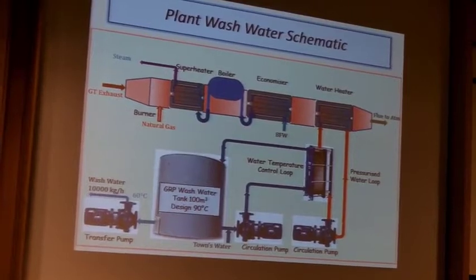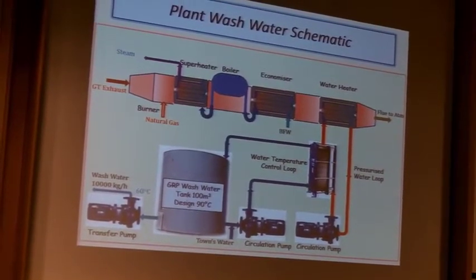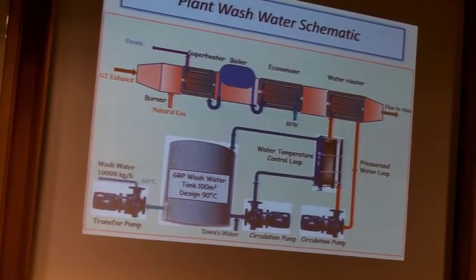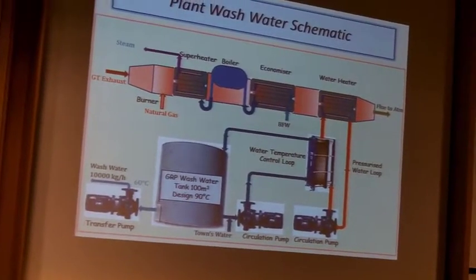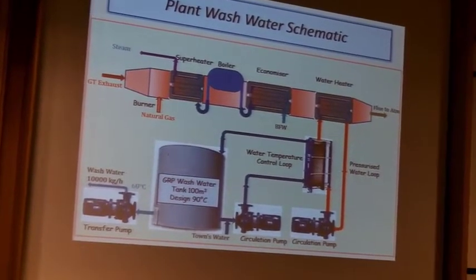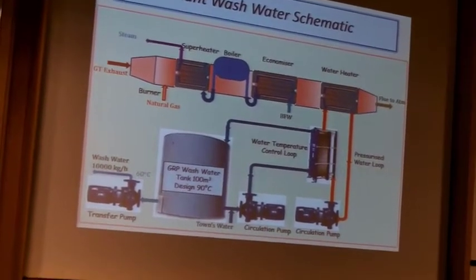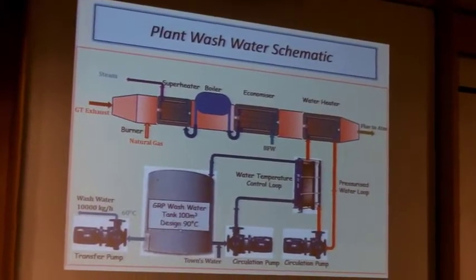We were asked to look at a system where they want to create hot water to wash down equipment on a plant, and they were putting a heat exchanger in the flue gas of a boiler, and they wanted to make sure that this tank wouldn't overheat.